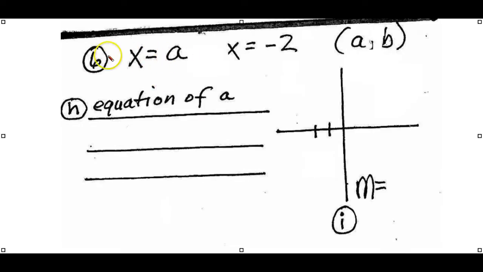There is no y now. There's only the x. And we're saying x equals a. x equals a negative 2. This is also a special formula. And what is it an equation of? And the answer is it's an equation of a vertical line.